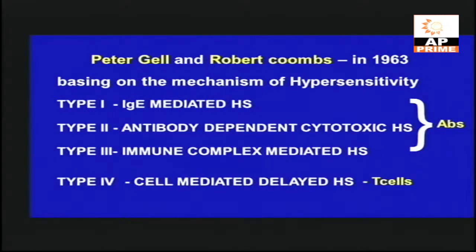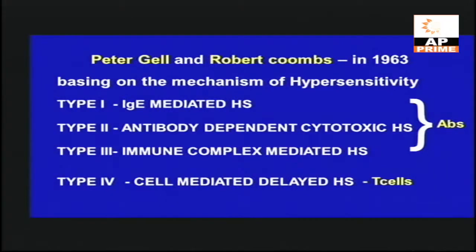These four types are: type 1, also called IgE mediated hypersensitivity; type 2, antibody mediated cytotoxic hypersensitivity; type 3, immune complex mediated hypersensitivity; and the fourth one, cell mediated delayed hypersensitivity.